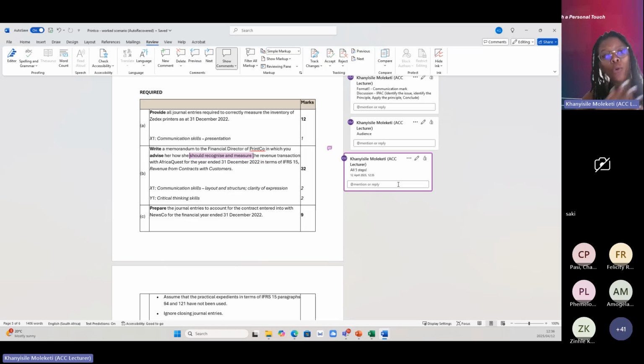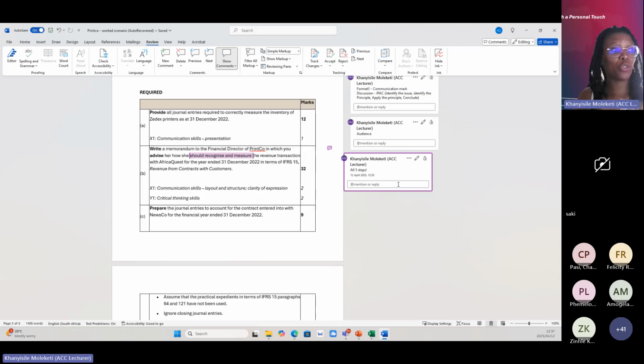Use the measurement to support your discussion of recognition. You need it because you can't do step 5 without it. So use it as supporting calculation, but don't spend too much time doing the discussion because that's not the crux. But we need the numbers because you can't recognize revenue without steps 3 and 4.